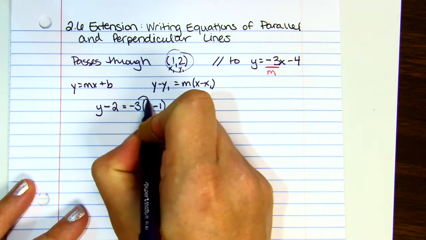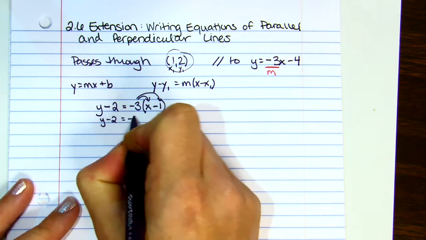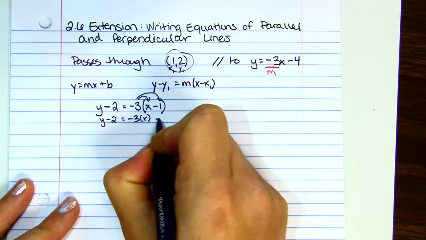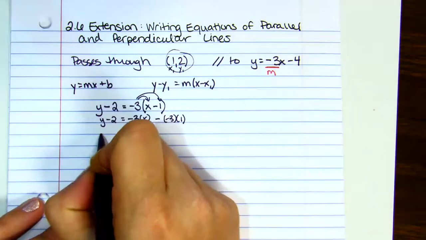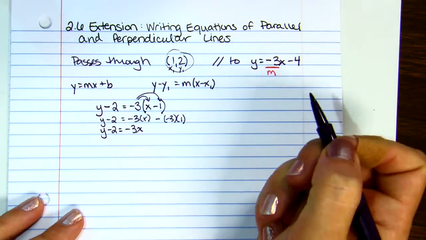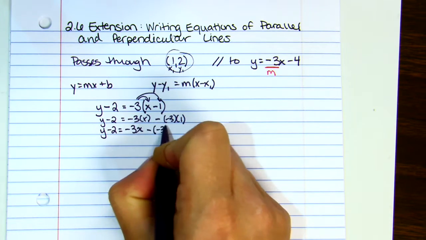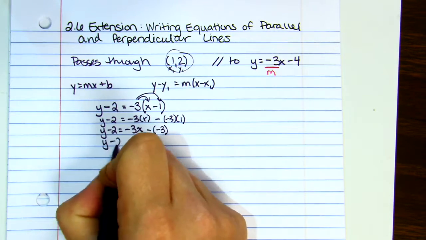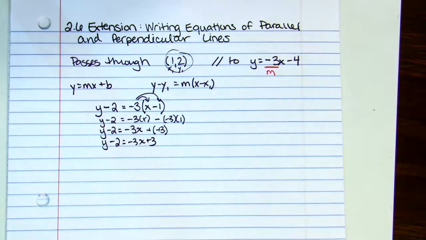My first step is going to be to distribute: negative 3 times x is negative 3x. Negative 3 times negative 1 is positive 3, so y minus 2 equals negative 3x plus 3.